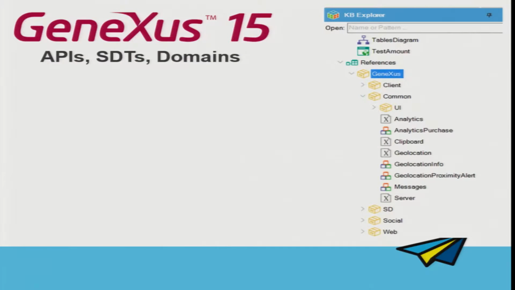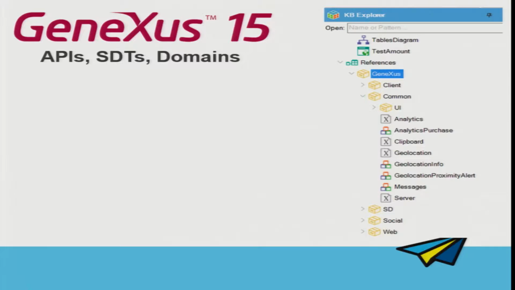So we can create the packages of the modules that we defined in our KBs, but in GeneXus 15 we are using this also with the objects that we distribute with GeneXus, the SDTs, the domains, etc. When you start using GeneXus 15, you will see that all these objects will appear under references, and you will see all the APIs that GeneXus allows you to use in its KBs.